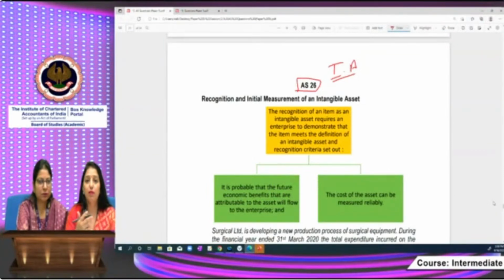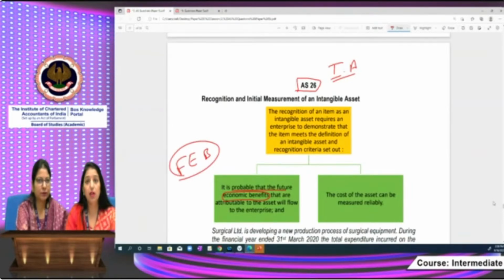First of all, we have to check that there is a probable future economic benefit attributable to the asset that will flow to the enterprise. That means there should be a future economic benefit.